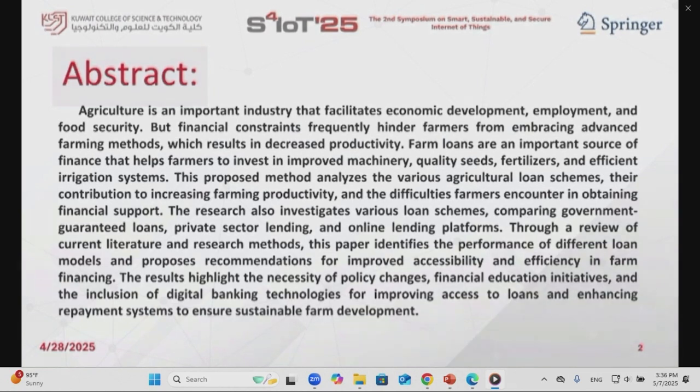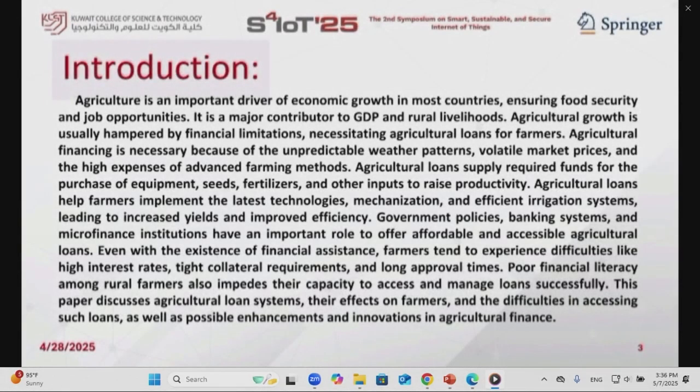Coming to the introduction, farming is a major contributor to GDP and rural livelihoods. Agricultural financing is necessary because of unpredictable weather patterns, volatile market prices, and the high expense of advanced farming methods. Agriculture loans supply required funds for the purchase of equipment, seeds, fertilizers, and other inputs to raise productivity.